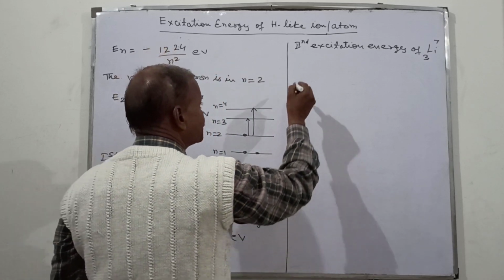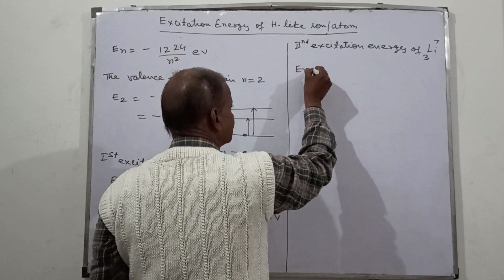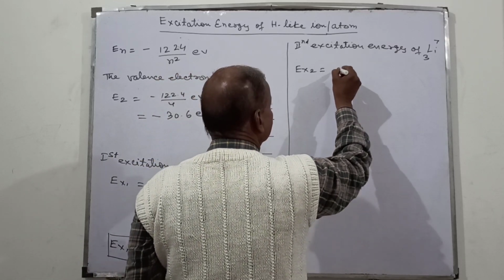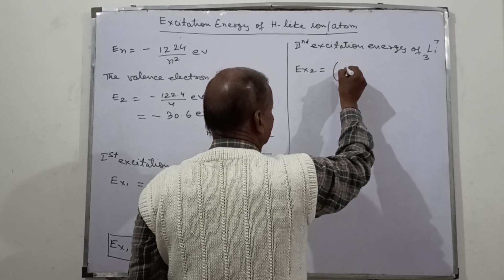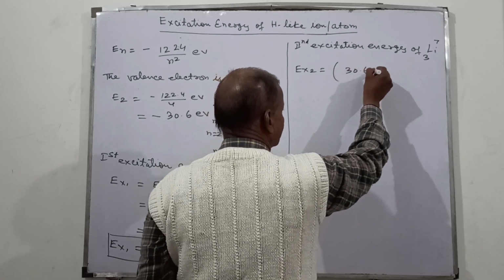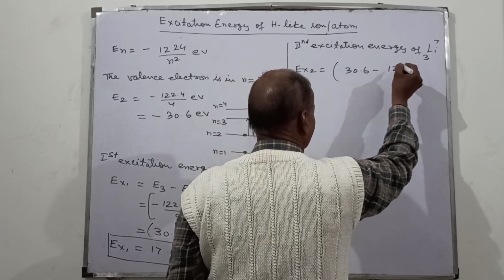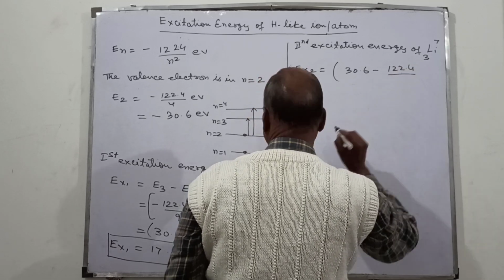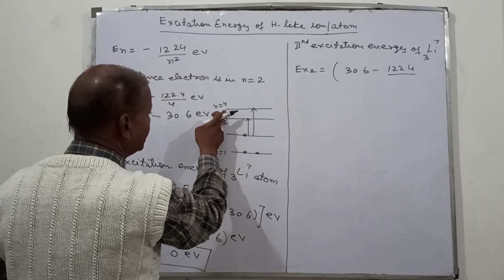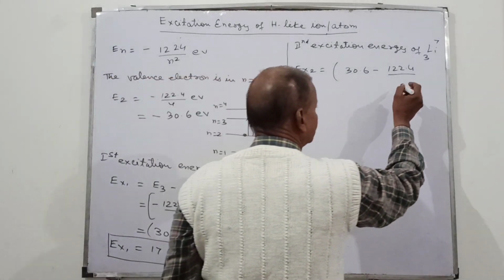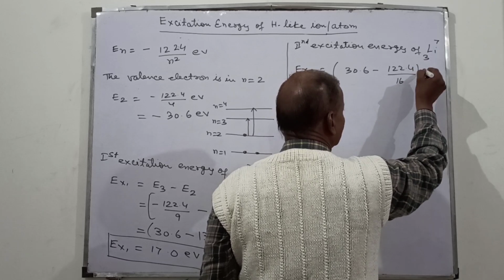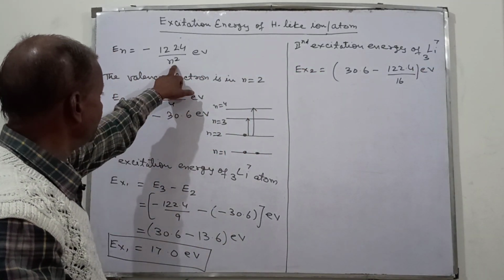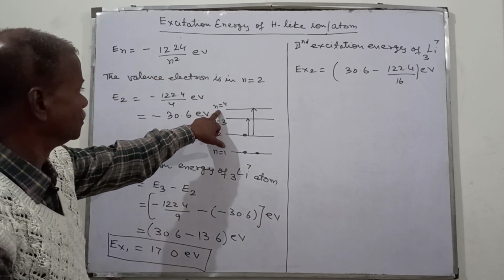So now this EX2 is equal to now this is your 30.6 minus 122.4 upon. Now for second this will be now 4. So upon 4, so this is now 16. So what we will have? In this place we will write down this 4.